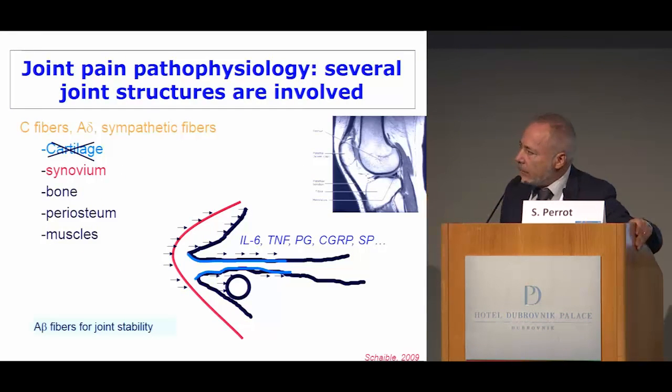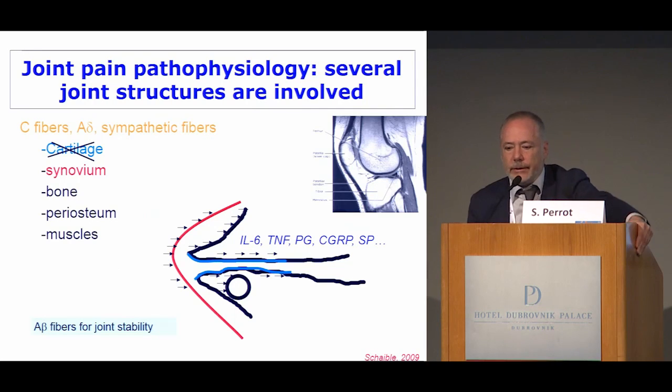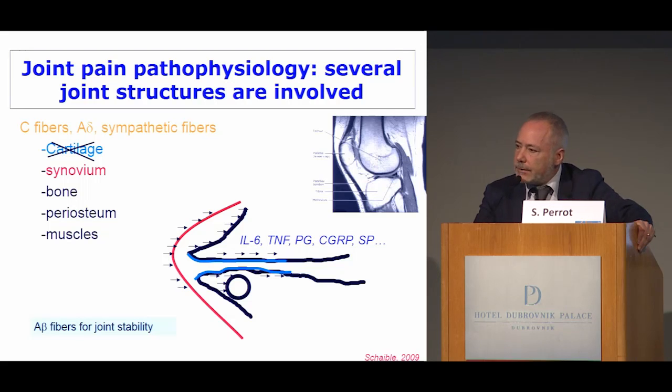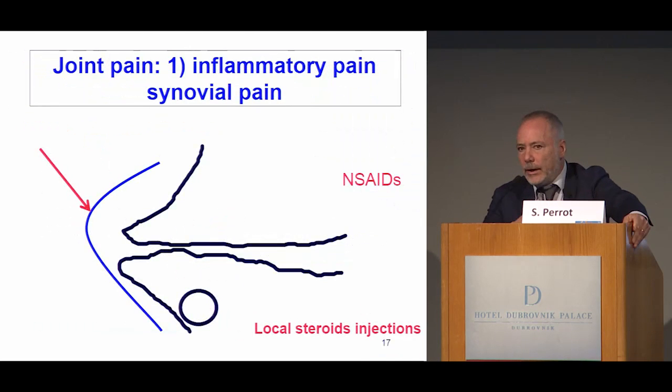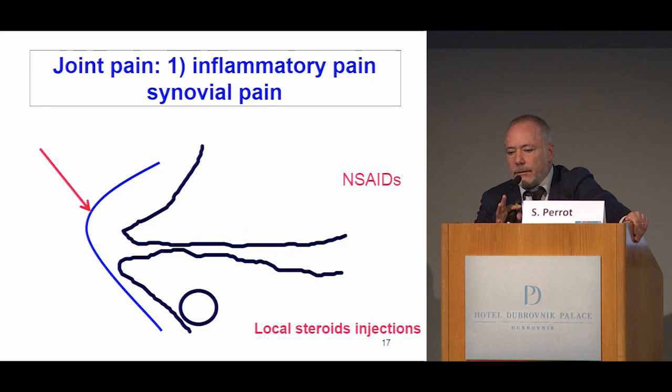Here is a summary of the periphery and all the structures that are involved in the joint: the synovial membrane, the bone, the subchondral bone, the muscles, and as you can see, the cartilage is not innervated. And we may split the pain in different categories.